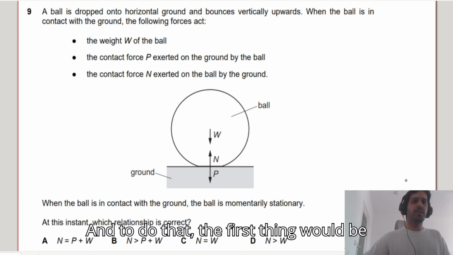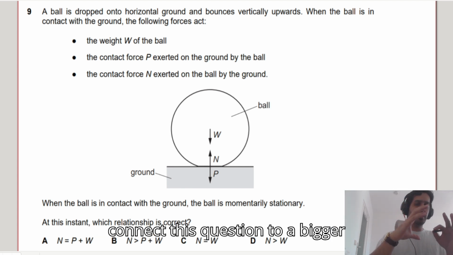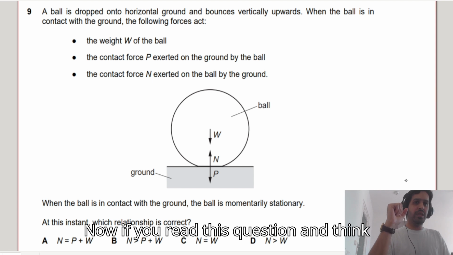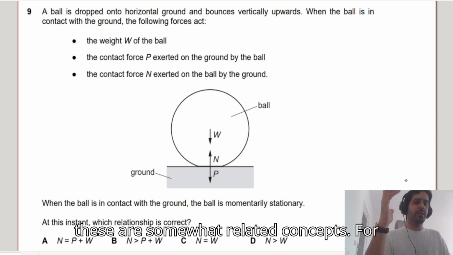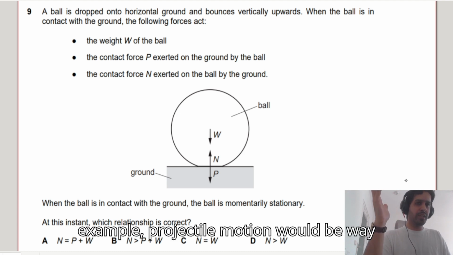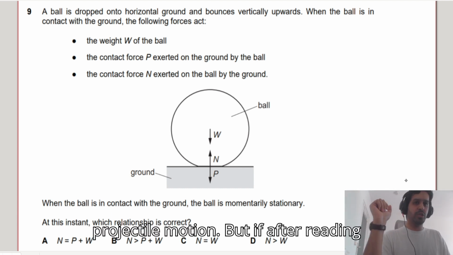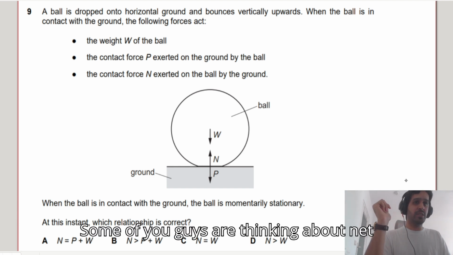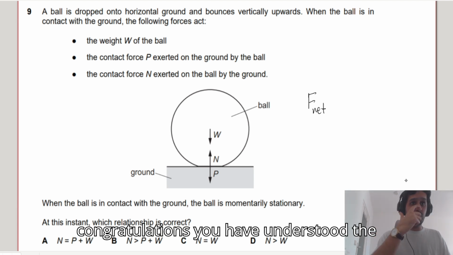The first thing is to quickly read the question and try to connect it to a bigger concept. If you read this question and think of, let's say, free fall or gravity, these are somewhat related concepts. Projectile motion would be way too off. But if after reading the question, you are thinking about net force, then congratulations, you have understood the point.